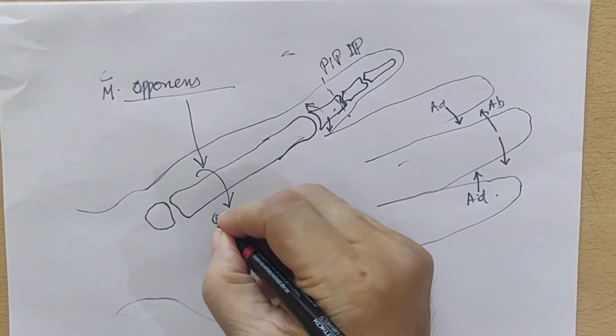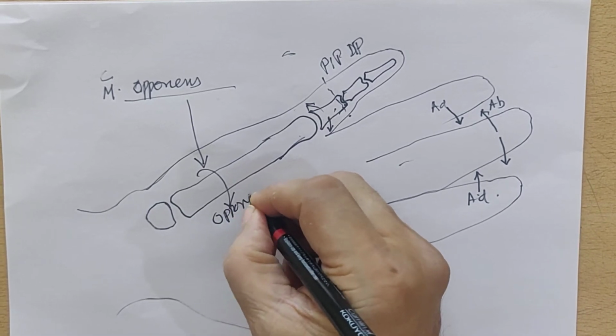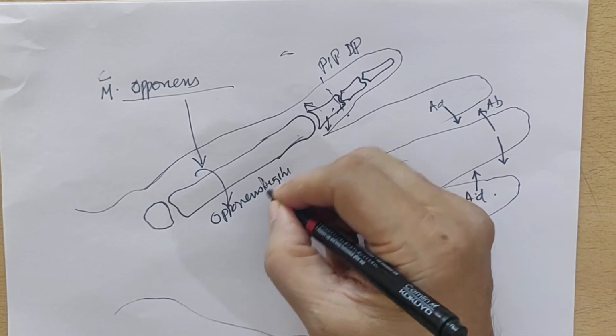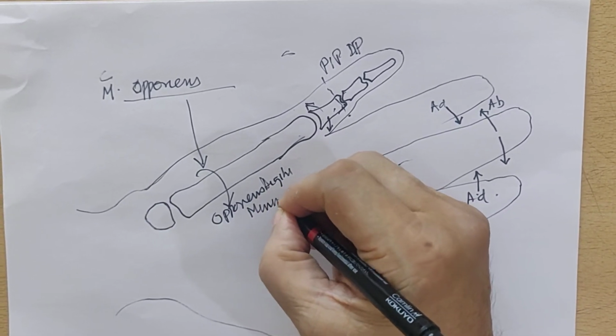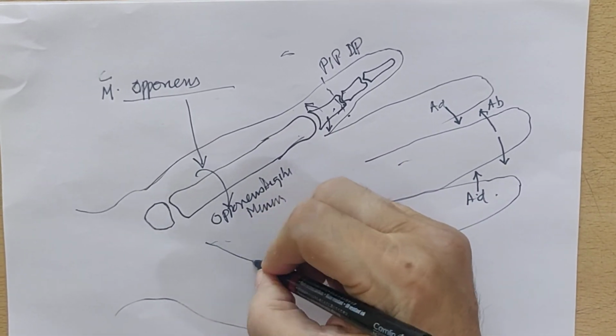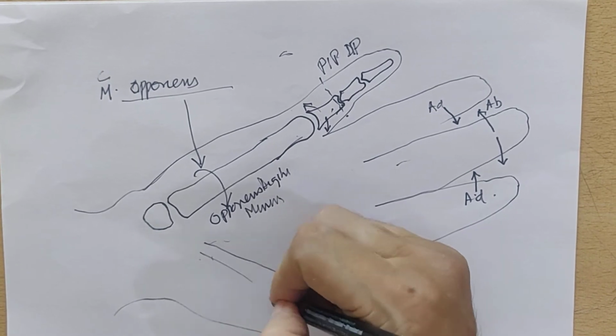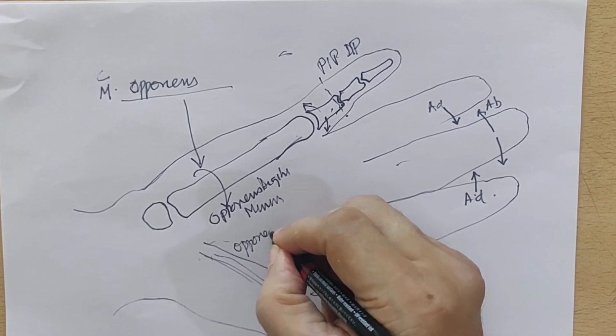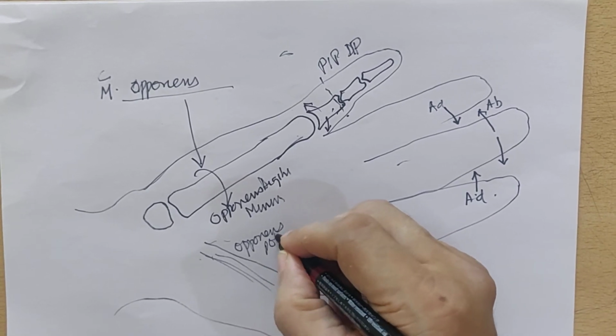This is opponens digiti minimi, and here the muscle which gets attached to the metacarpal, this metacarpal like this, is opponens pollicis.